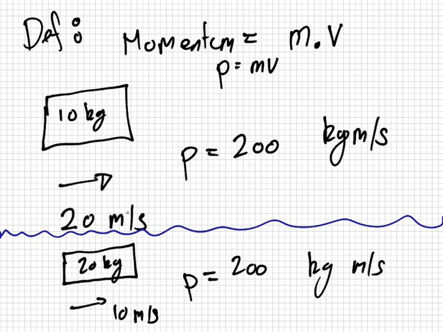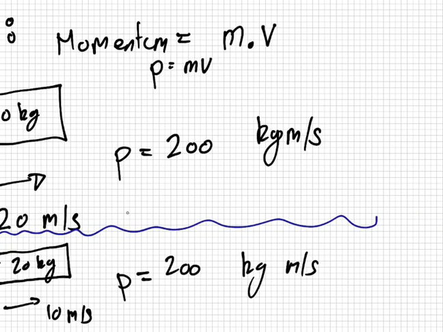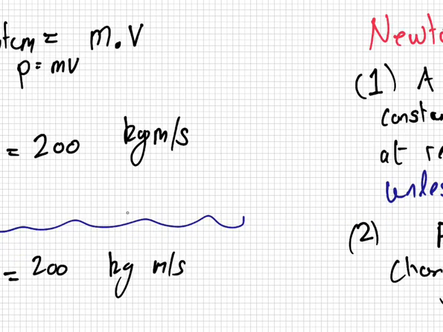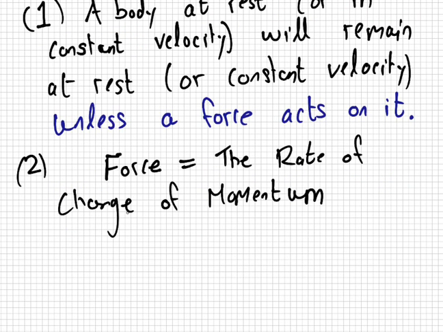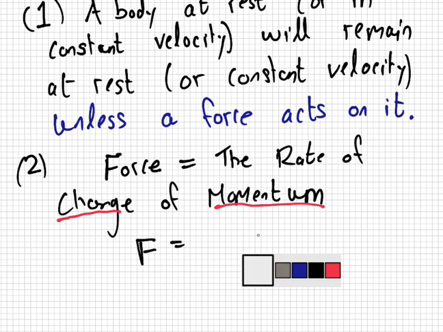Are we happy with the idea of momentum? Yeah. So now I have to go back to my formula, my definition. Look here at the key words, change in momentum. So what's the momentum at the end? What letter is for a V? And what's the momentum at the start? mu.